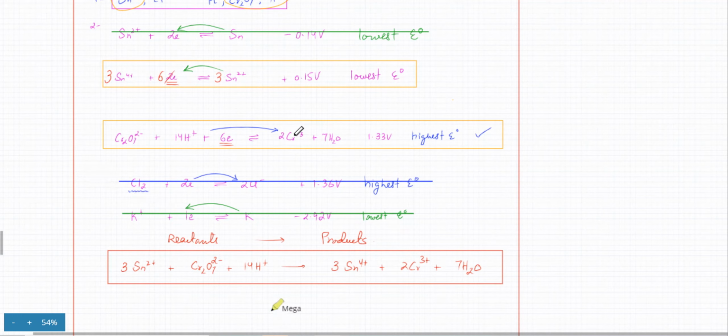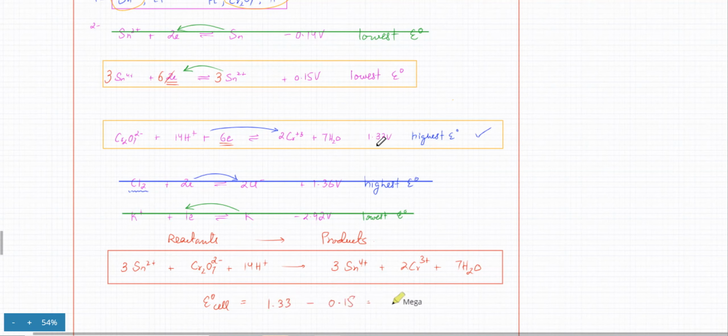The other thing is I can write down the E naught cell for this. The E naught cell is the potential difference between the two equations that you selected, the lowest potential one and the highest potential one. So it's highest E naught minus lowest E naught. So it's 1.33 volts minus the other one, which is 0.15 volts, which comes out to be 1.18 volts.